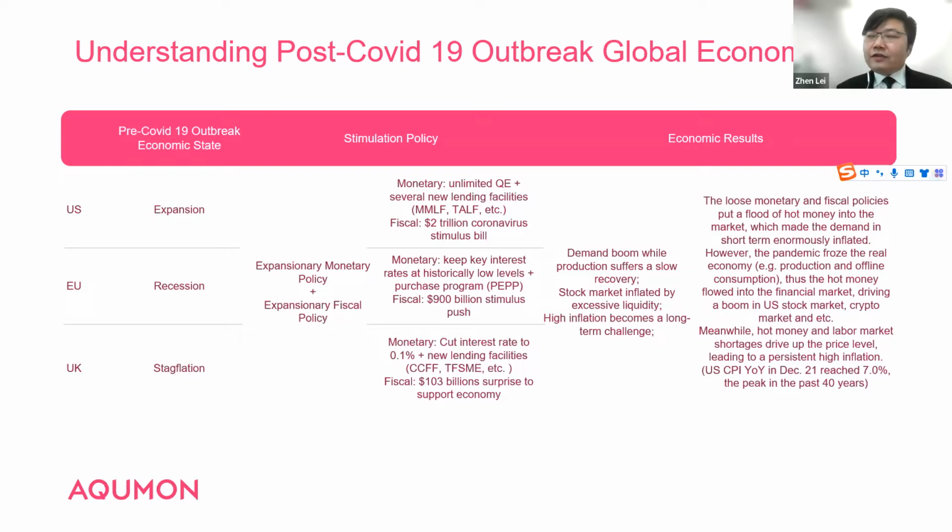And we can see that in 2021, the United States and most of the developed markets experienced high inflation. Because their stimulation policy was on the monetary part and almost on the demand side, their production side actually suffered a slow recovery. That is another cause of the high inflation.